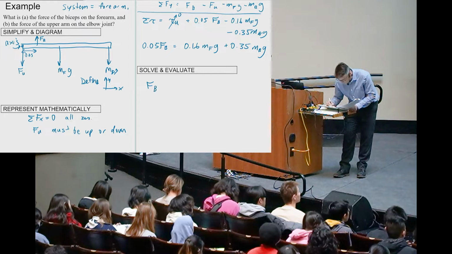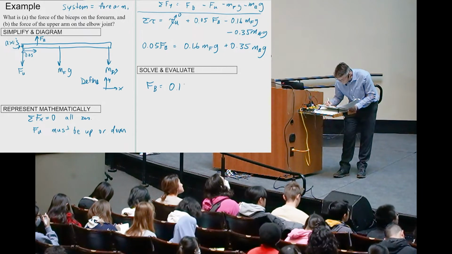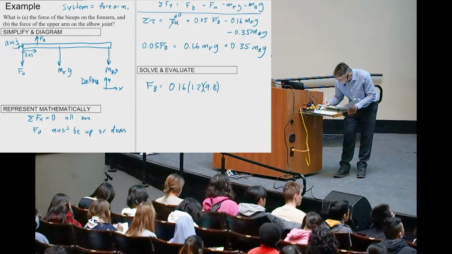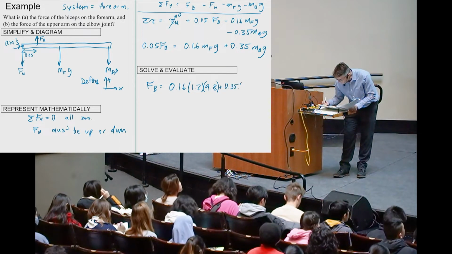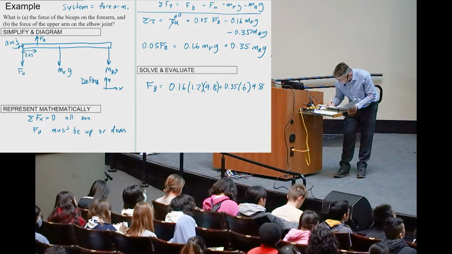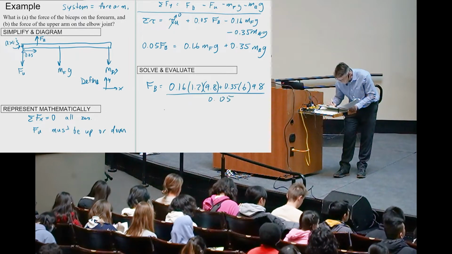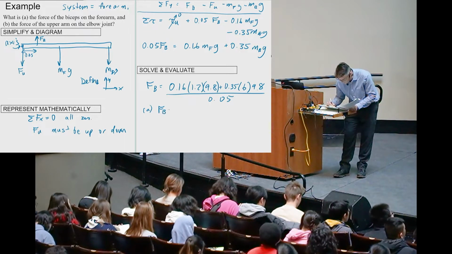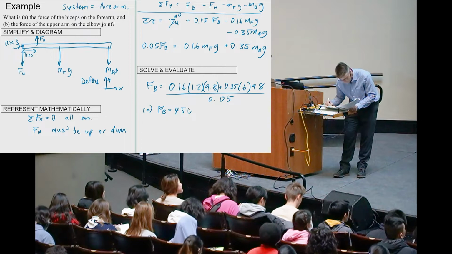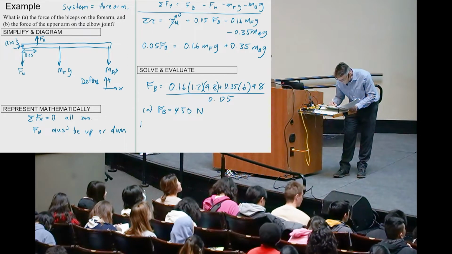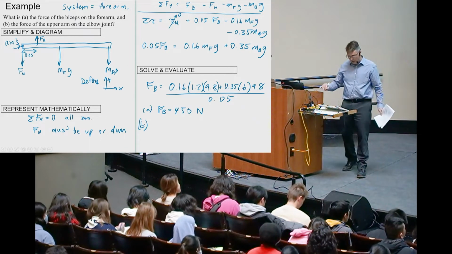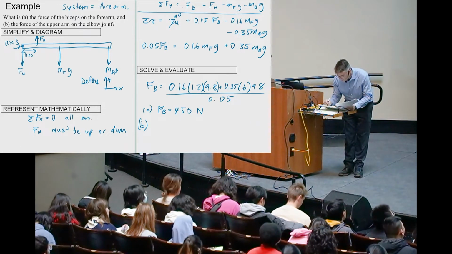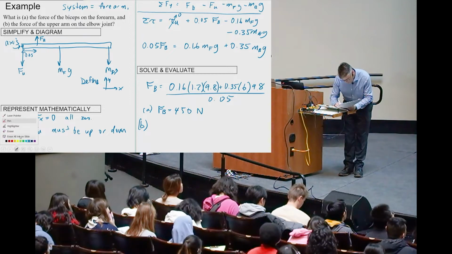So when you solve it out, you have 0.16 times 1.2 times 9.8 plus 0.35 times 6 kilograms times 9.8, and then divide it by the 0.05. So I've got that F_B is 450 newtons. And then if you were asked for B, what is the force of the upper arm on the elbow joint, that's where you use this equation from up here.